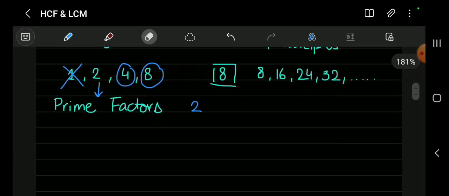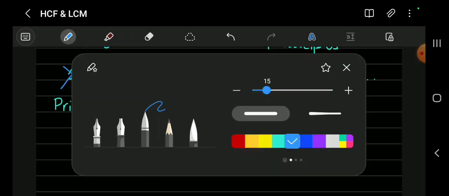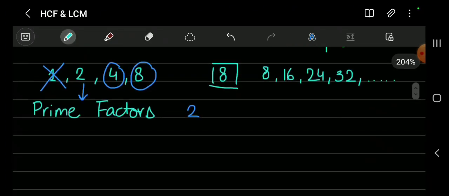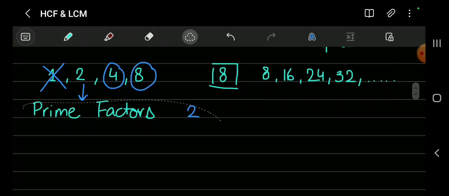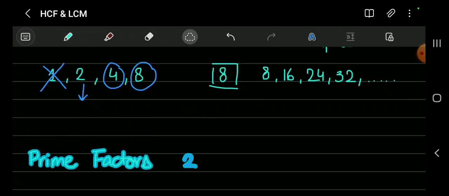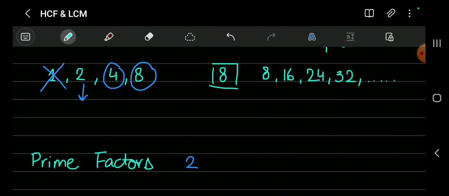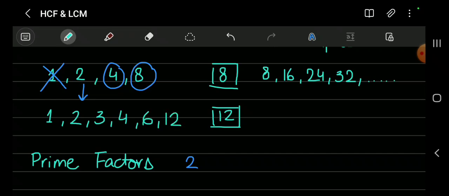Okay, so we have discussed this. Let's take one more example. For example, you have a number, a very interesting number to understand factors and multiples, 12. It gives you information about most of the things. So what are the factors of 12? 1, 2, 3, 4, 6 and 12.